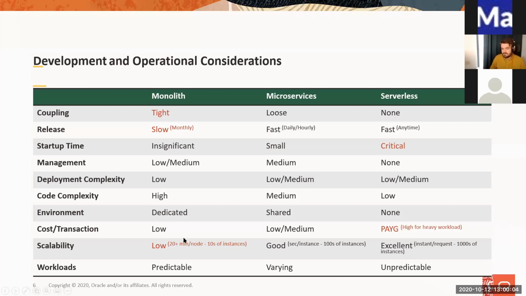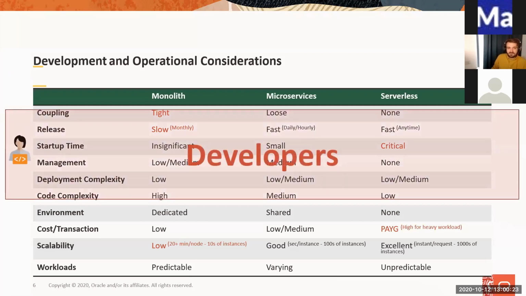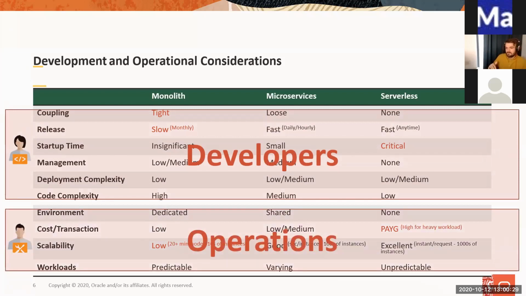And workloads, right? With monoliths, what kind of workloads are you going to have? This is quite predictable. You know what kind of applications you're going to deploy. With microservices, you can have a lot of services running in your cluster. And again, we were talking about an automation layer. So if we think about what we've listed here on the slide, these tasks can be split between developers and operations in a traditional model, right?